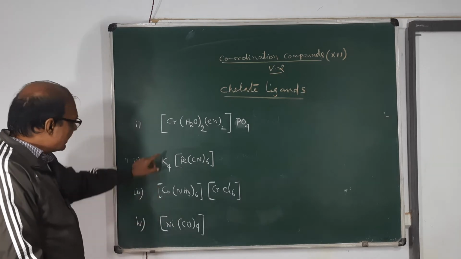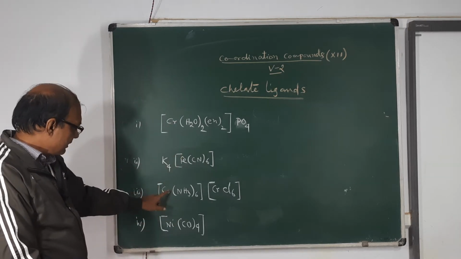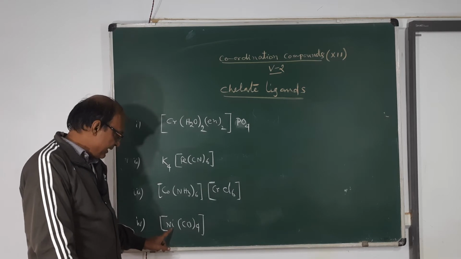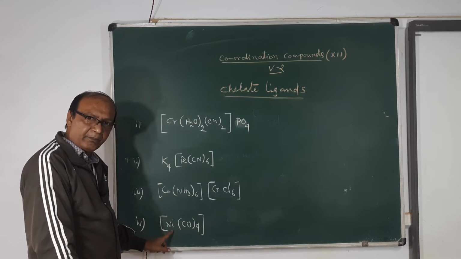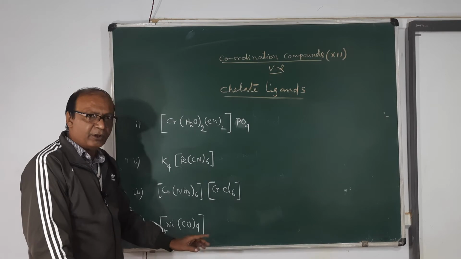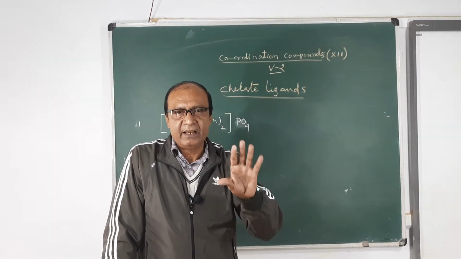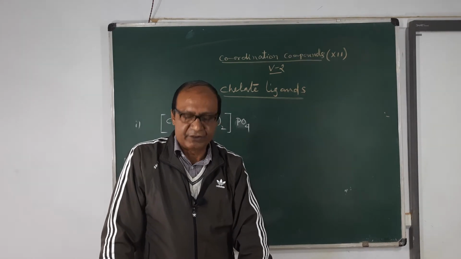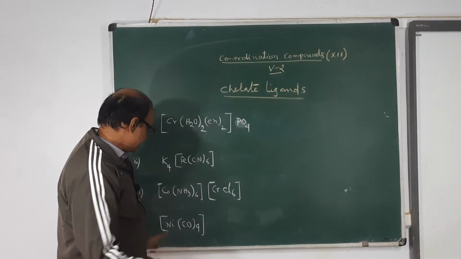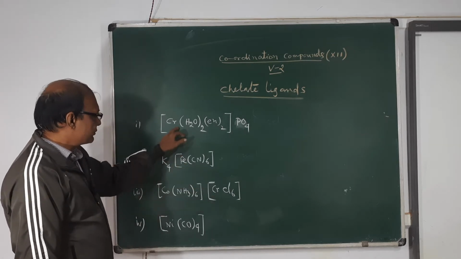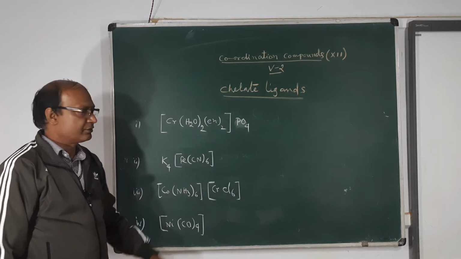So these are all ions, and this is an atom. See here, it is an atom because its oxidation number is 0, since carbonyl ligands, CO, are unidentate ligands and neutral ligands. So the oxidation number is 0, so it is an atom. These are all central metal ions.